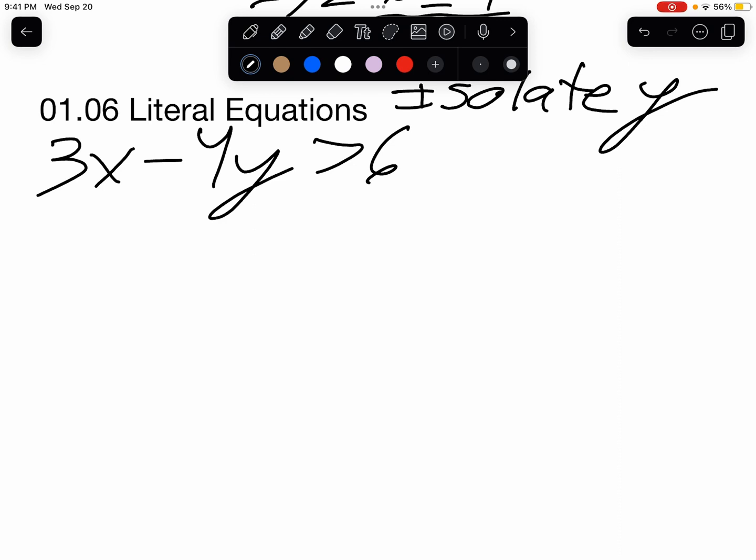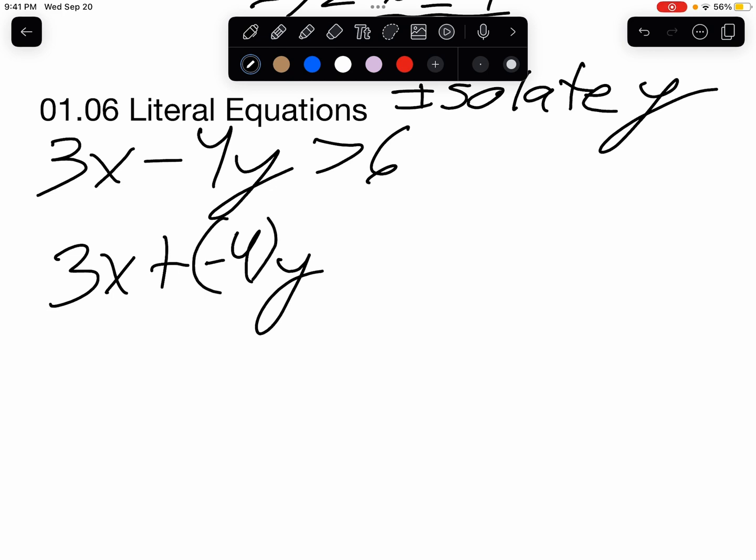So the first thing you have to do is turn the 4 into a negative by doing 3x plus -4y is greater than 6.